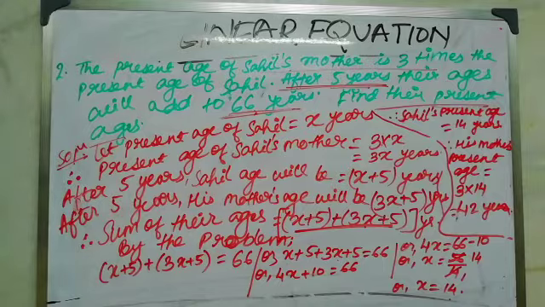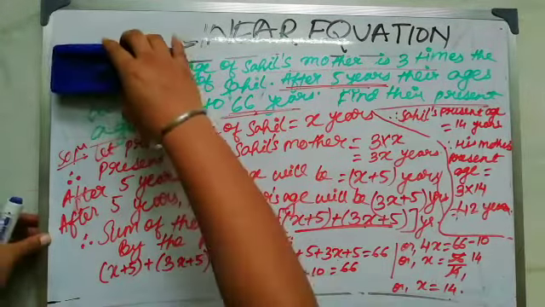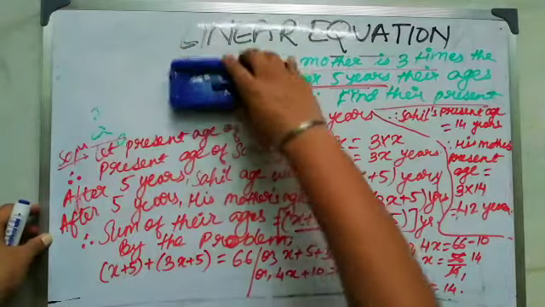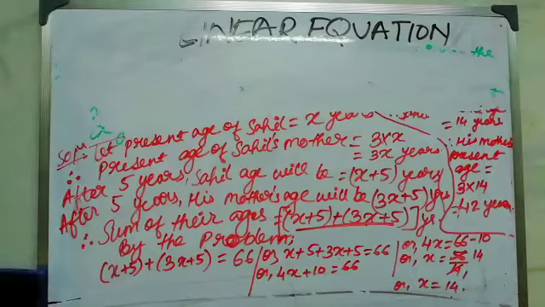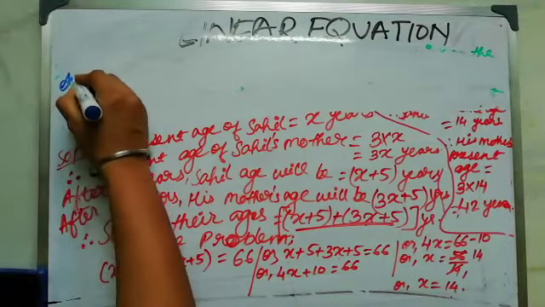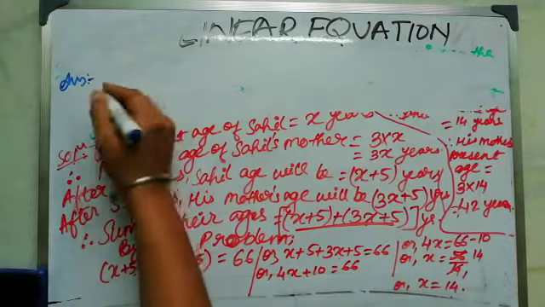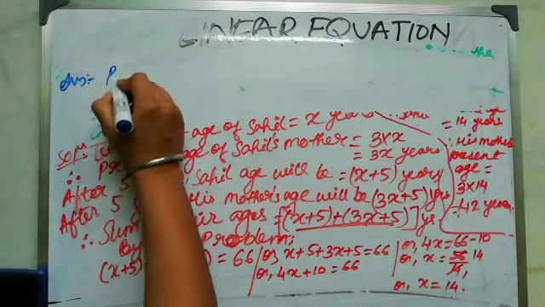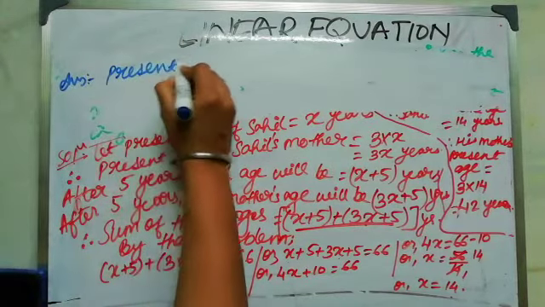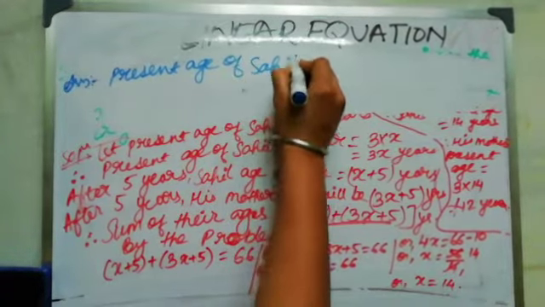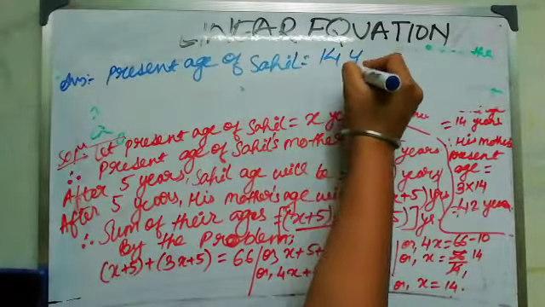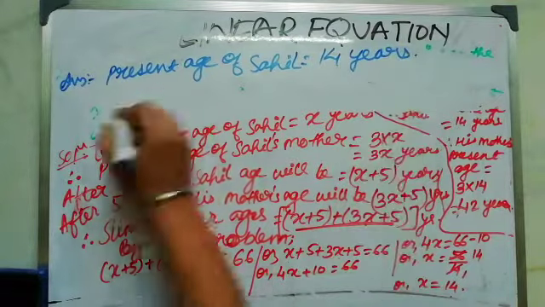Now how can we write the answer then? For that I'll just rub the question, clear? So my answer will be: present age of Sahil is equal to 14 years.